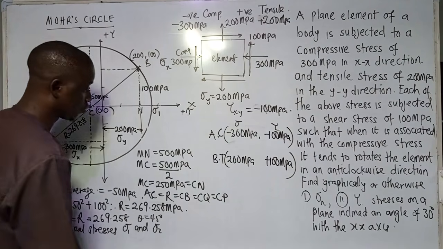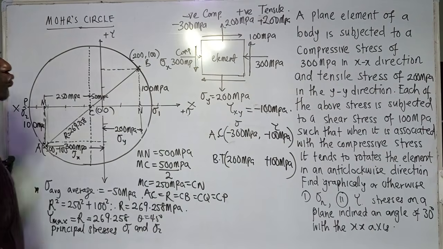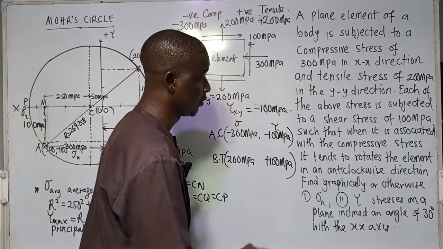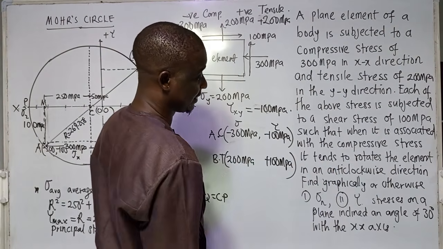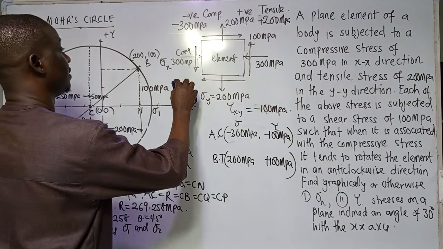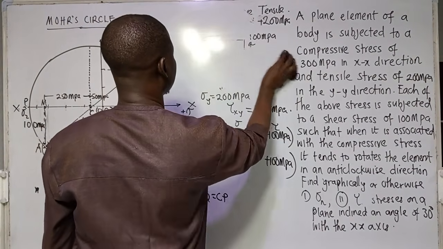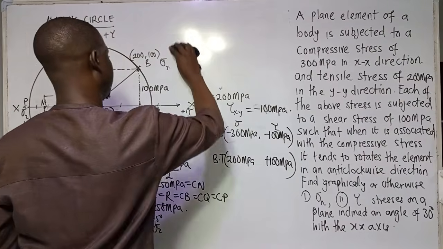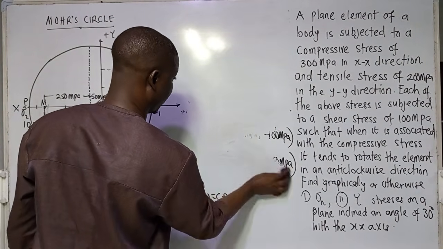So to get sigma 1, I can clean the diagram. Don't forget the question. They said it rotates 30 degrees. Let's clean this part first. Okay, we have represented it. Let's just wipe up this part.